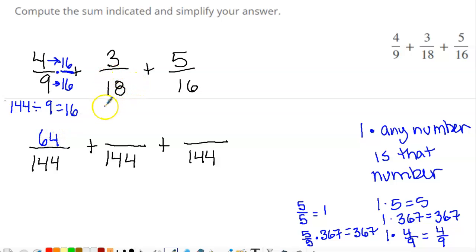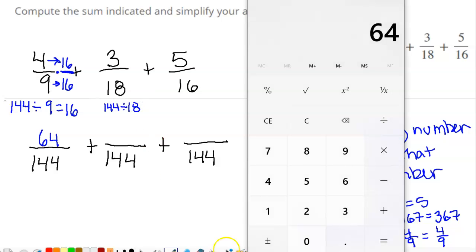18 times what is 144? Again, we can do the same thing. 144 divided by 18. And we get 8.